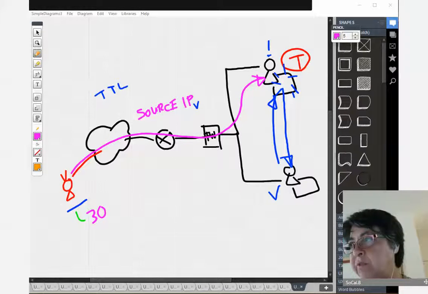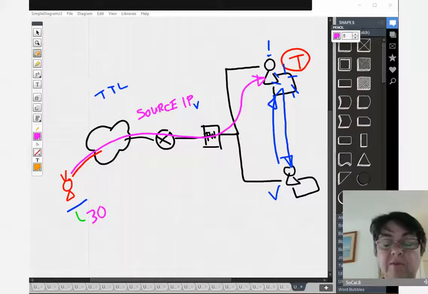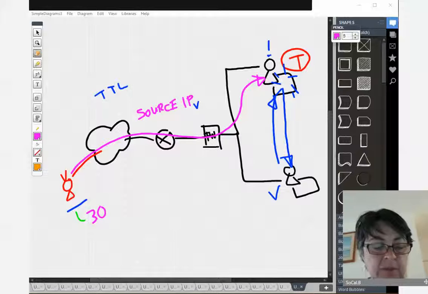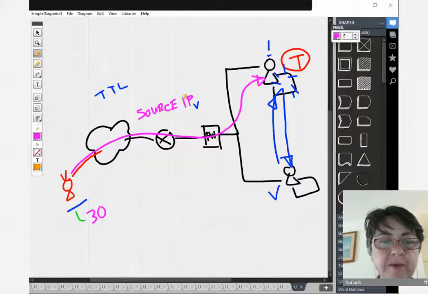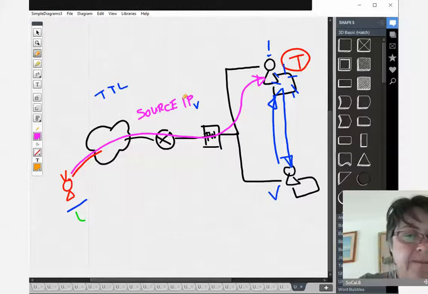Oh, the default TTL values. Yep, there it is. Oh, it's another RFC. Okay, so the current recommended default time to live for the Internet Protocol is 64. Wow, that's interesting. So let's say everybody plays by the rules and they put 64 in.